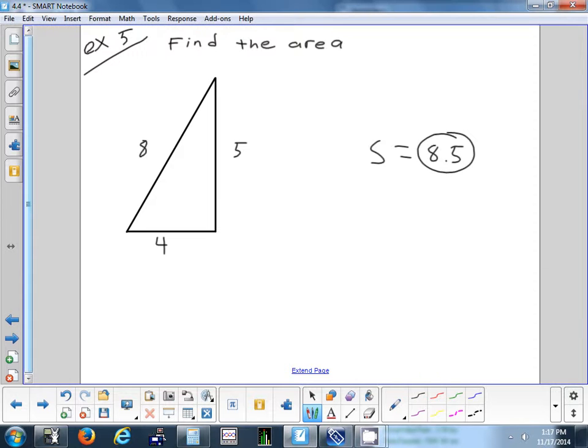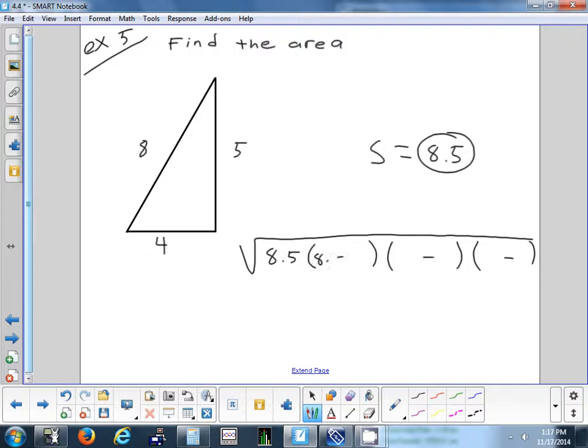Okay, so we've got our semi-perimeter. So what comes first? Square root of, yep, that's your semi-perimeter, times what comes next? Yep, 8.5 minus 8. 8.5 minus 5. Yep.